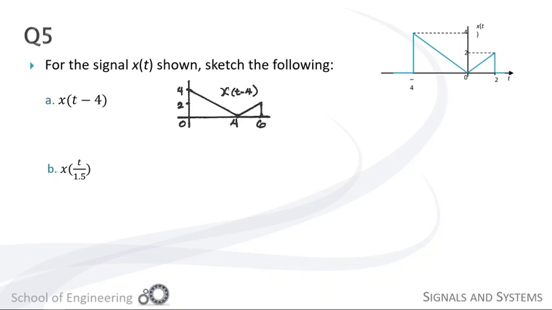Remember the earlier one? It was 2t when you halved the time. The slope became double, so t became 2t. So when you halve it, you times 2, you're compressing it in time. When you're dividing, you're expanding it in time. So you're expanding it by 1.5. So 0 will stay at 0, minus 4 will go to minus 6, 2 will go to 3.